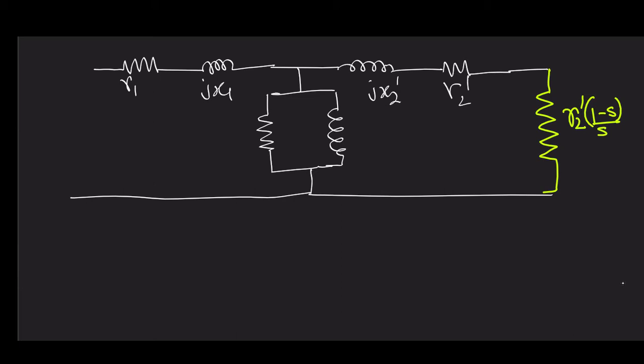Right. So this is V1. Here it is I1. This is E1. R naught, jX naught.